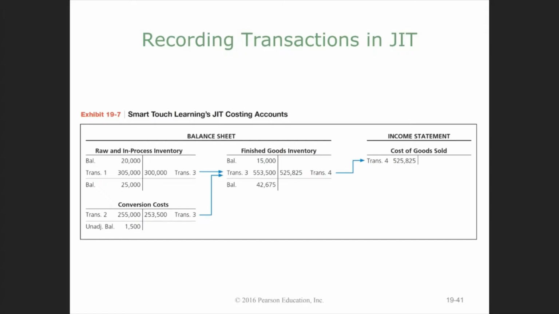I guess I was just trying to figure out, how did they do it? Did they divide, multiply? So you've got the 20,000 plus the 305 would be 325. And that's on your debit side. But then you had a credit of 300, so you've got to take that credit out.